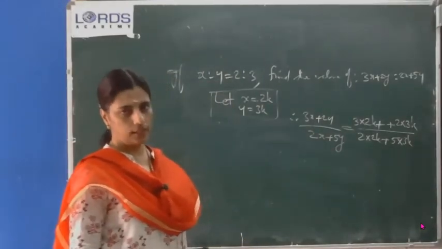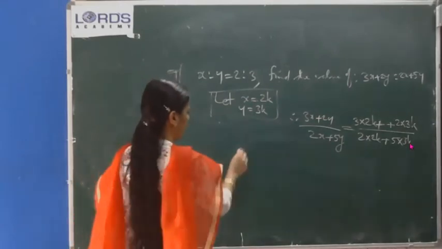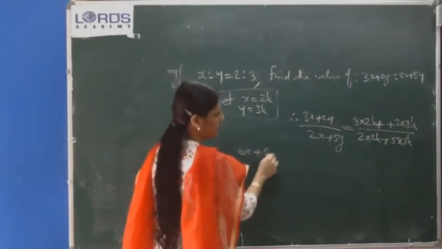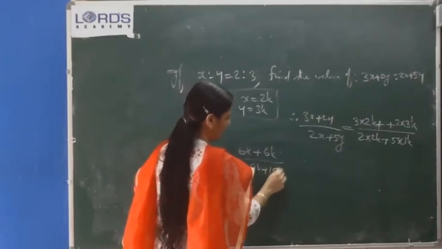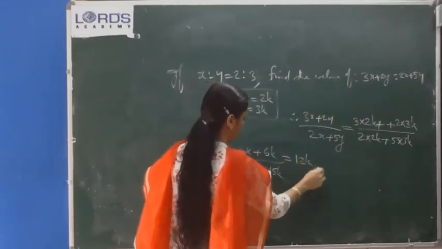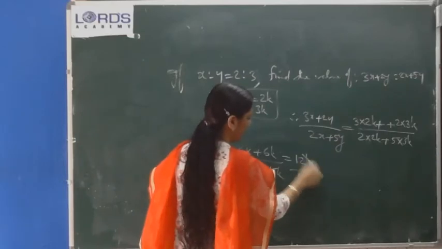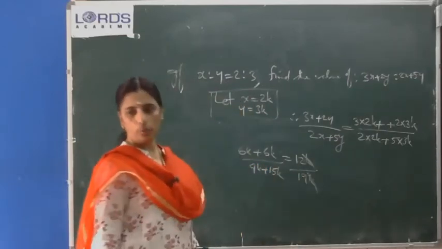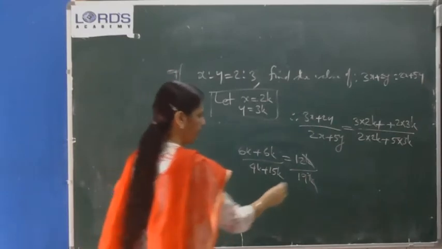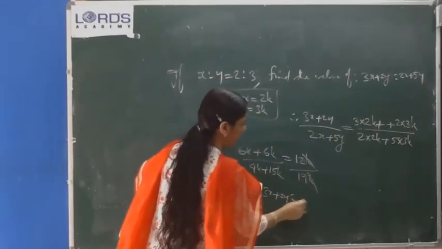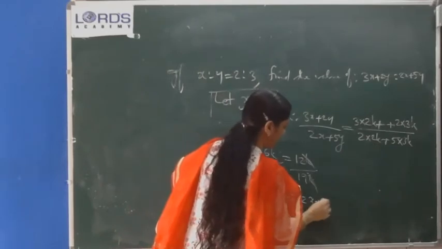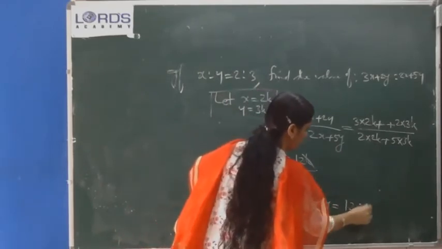First you simplify and k you can cancel. 6k plus 6k, 4k plus 15k equal to 12k by 19k. K cancels. 12 is to 19. Therefore, 3x plus 2y is to 2x plus 5y equal to 12 is to 19.